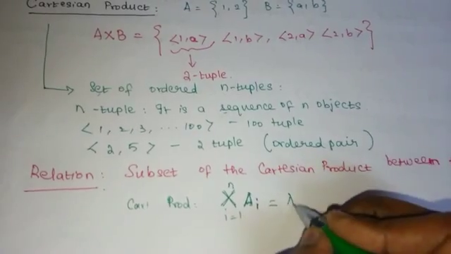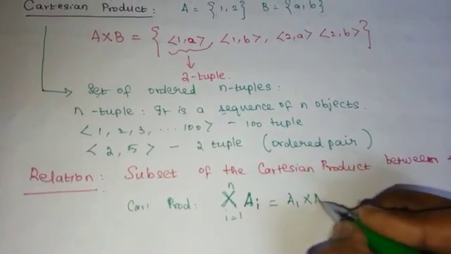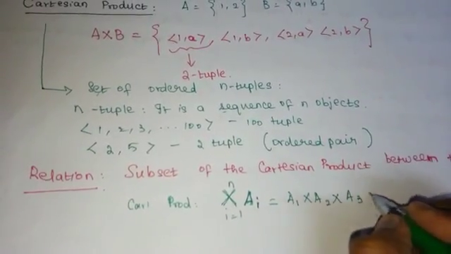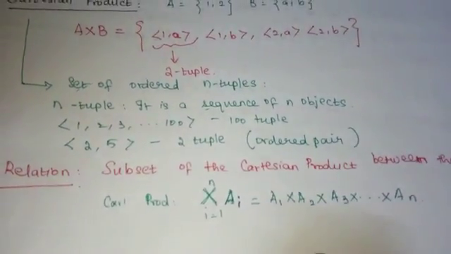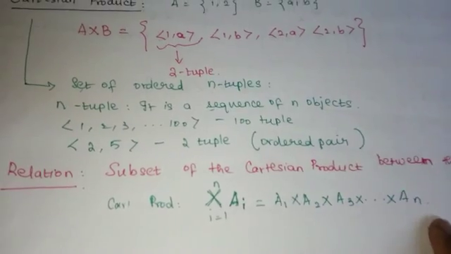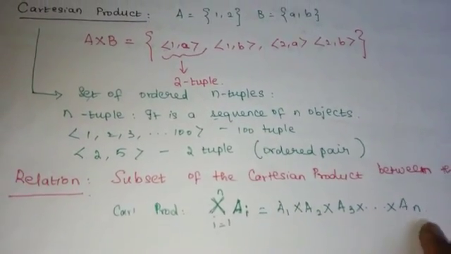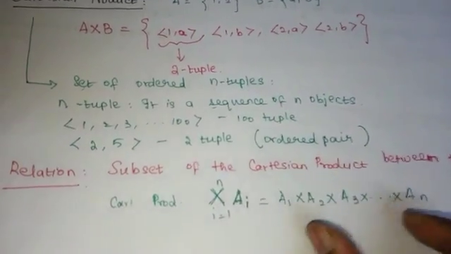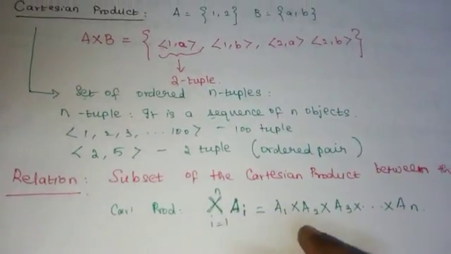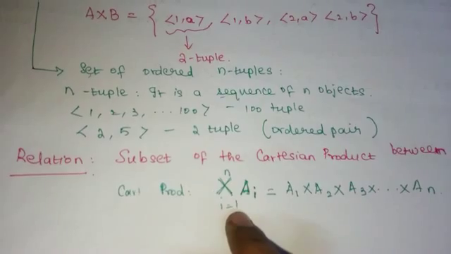So this means A1 cross A2 cross A3 up to An, which means there are n different sets named A1, A2, A3 up to An, and you are taking the Cartesian product between these n different sets, and that in shorthand is represented like this.